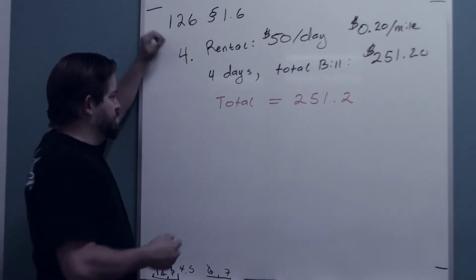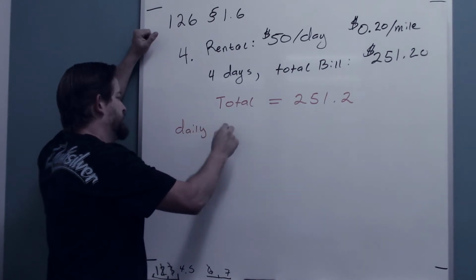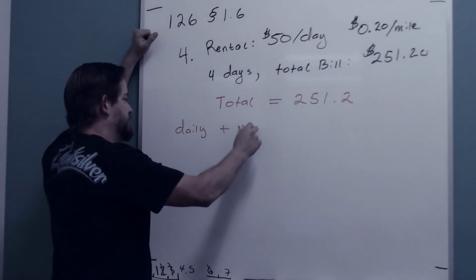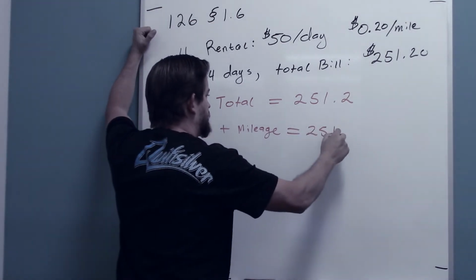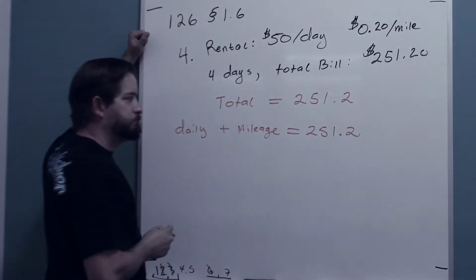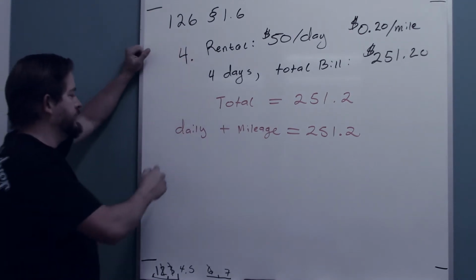The total, though, came from his daily charge plus mileage. The daily charge is $50 per day multiplied by 4 days, so I already know that.